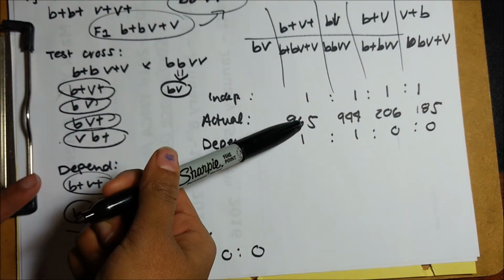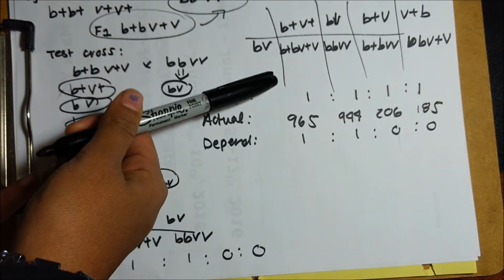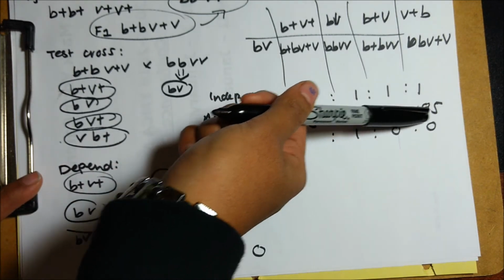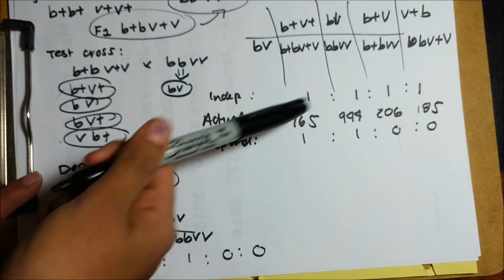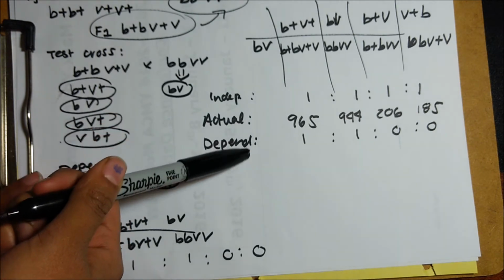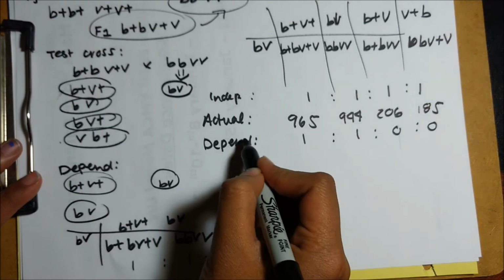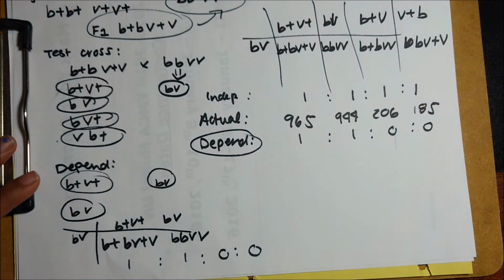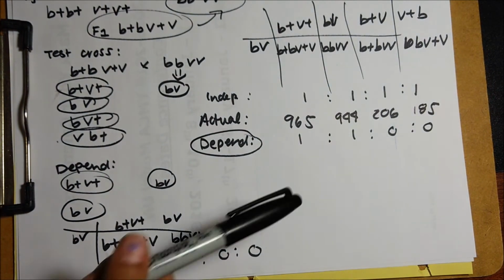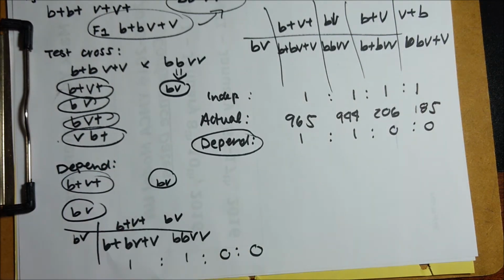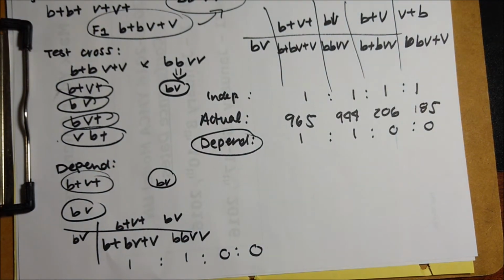Now, if we look at the actual data, although it doesn't match dependent exactly because some of these are still produced, it more closely matches dependent than independent. So, we're going to say that dependent assortment occurs. But we saw that through meiosis the genes should be able to line up in any possible order.